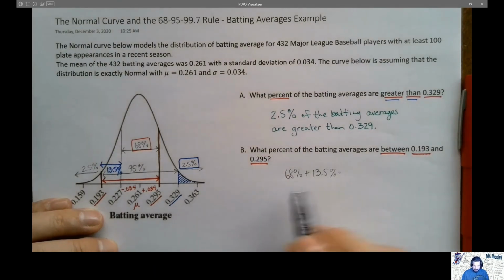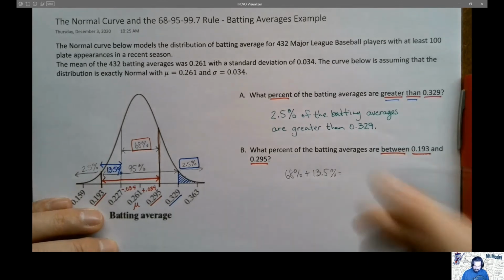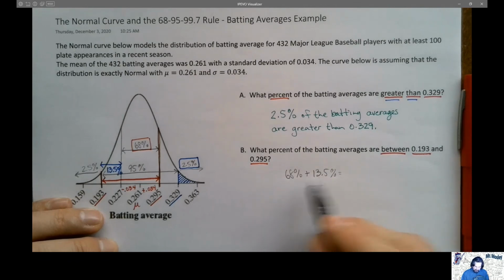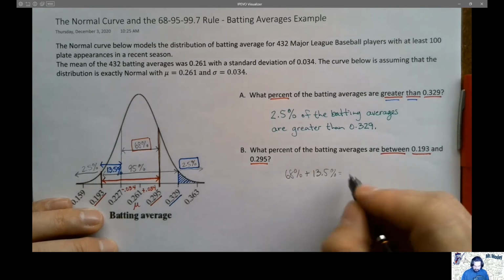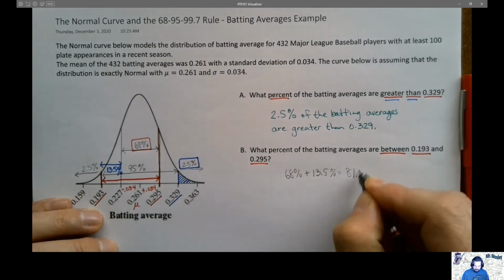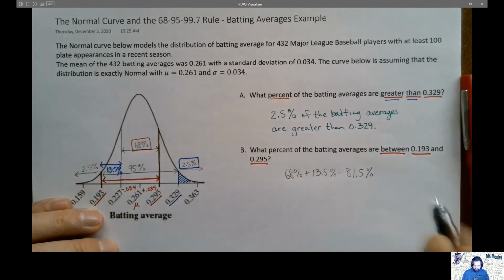And that's going to be 81.5%, if I can math today.